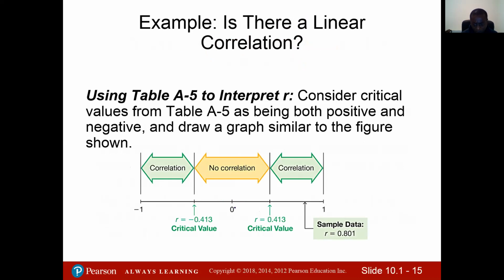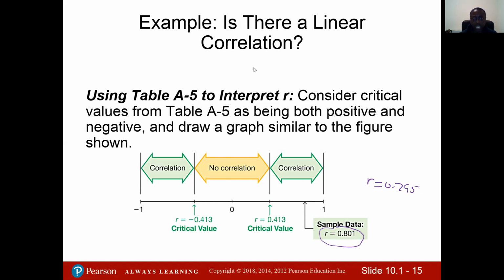And so for our sample that we looked at, we computed, in this case, this sample, the R, the correlation coefficient is 0.795. So for the critical values, when we look at it, it was 0.878.